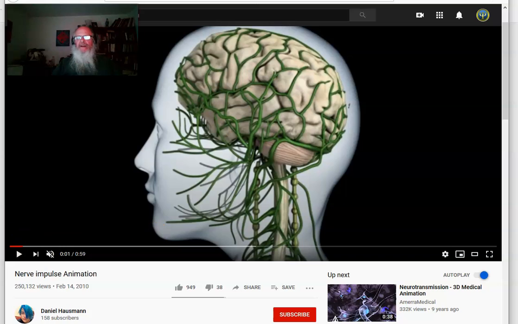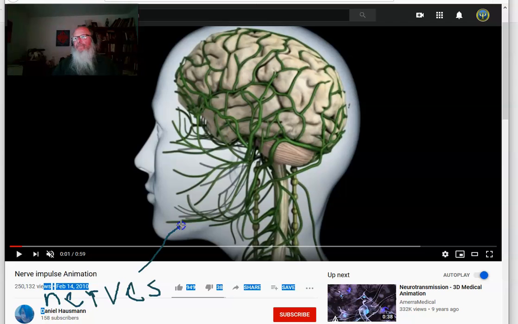They're coming out of the brain, and the green lines represent nerves. And a nerve is comprised of many individual neurons that are bundled together.